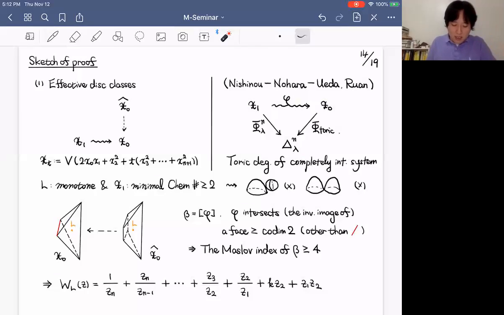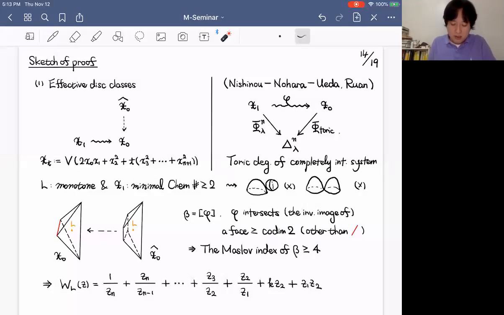And then one more observation is that if our class is effective, meaning that there are some holomorphic disks representing a certain class, and let's say our disk hits... We already know that there are four disks coming from the facets, and then let's ignore this part, and then there are some low dimensional strata except the red one. If our disk hits this low dimensional strata, then the Maslov index should be greater than or equal to 4.